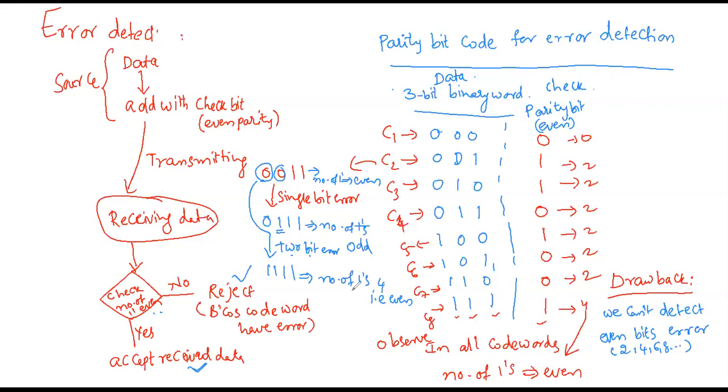And the drawback we discussed: if there is a 2-bit error, which is an even bits error, we can't detect it. It will accept the data. If there is a 2-bit change or 4 bits change, we can't detect the error. Okay, next.